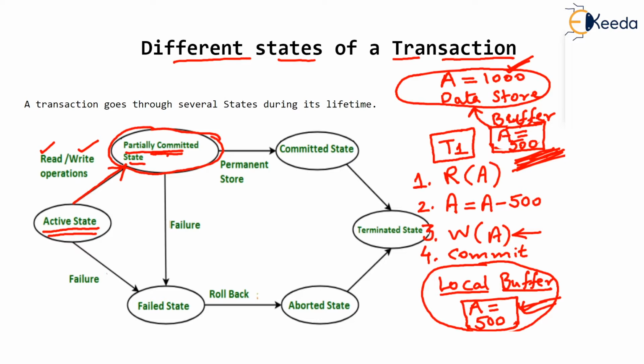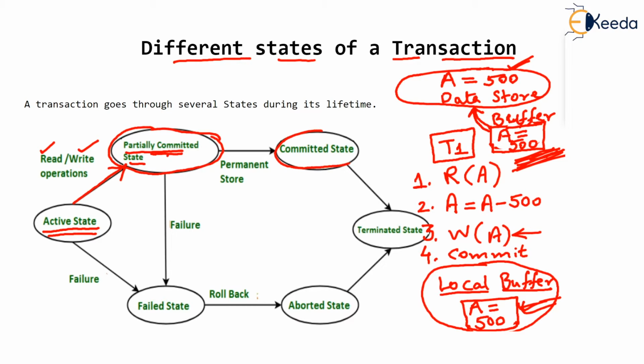Now the external storage where our data has been stored will no more have A equal to 1000, but A will be 500. And listen, once the transaction commits itself, once it writes the value in the external storage or data store, then that value cannot be altered unless some other transaction alters it. So that is what is committed state.